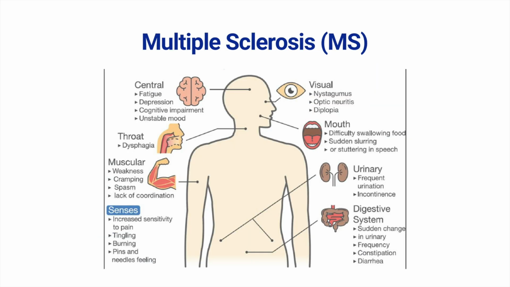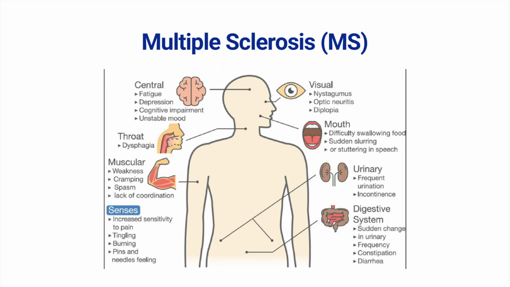Okay, and then we have multiple sclerosis, we call it MS. This type of problem is a chronic neurological condition frequently encountered in adult orthotic practice.